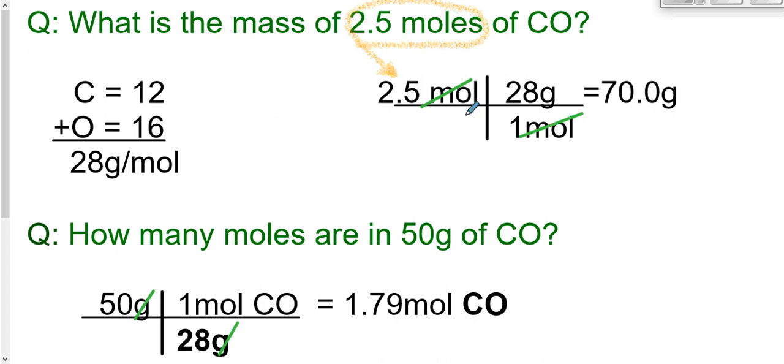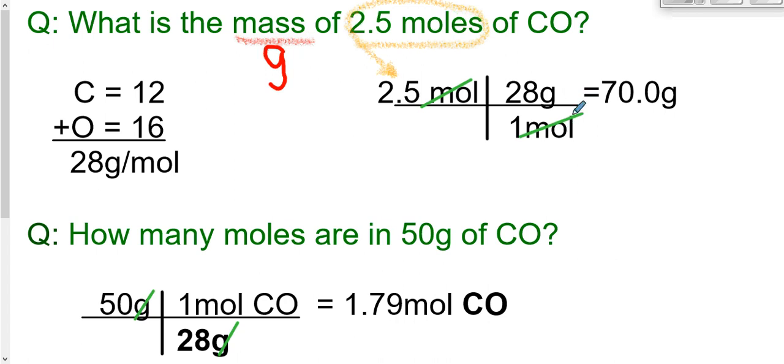That's the first thing that I'm going to write on my factor label line. We then draw a big long line and cut it off. This cutoff again means we're going to multiply. Put the units you want to get rid of on the bottom. I don't want the word mole, so I write the word mole on the bottom. Put the units you're solving for on the top. I'm trying to get to mass, and mass tells me that I'm looking to solve for grams. So I'm going to write the units grams on the top.